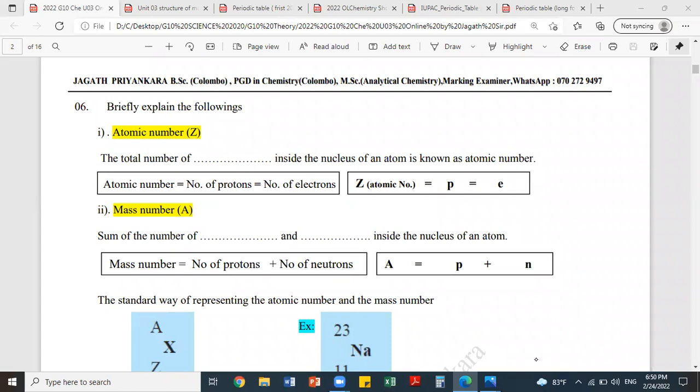Okay, so the next one: mass number. Mass number is equal to what?